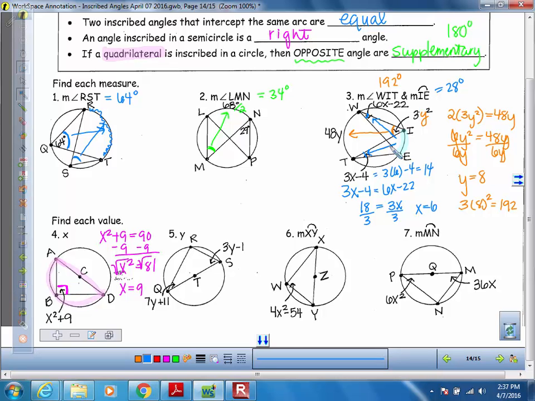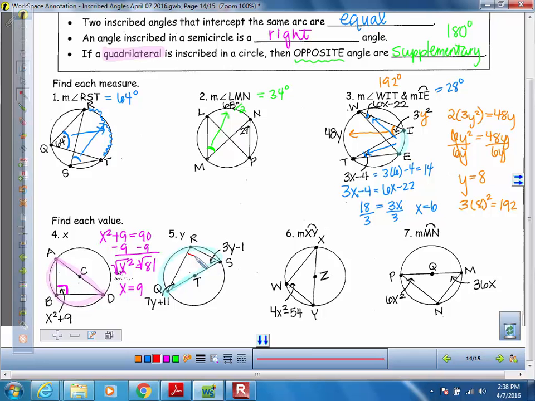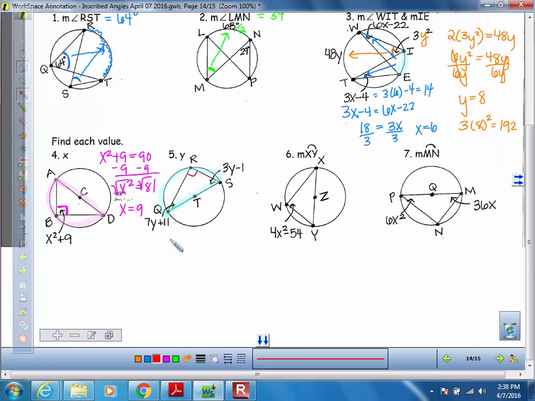Okay, let's try one more of the semicircle ones, and then we'll move on to quadrilaterals. In number 5, we see our semicircle. We see that our angle is within it. So where would my 90 degrees be? On the R. So what do I know about all the angles in a triangle? They should add up to 180.